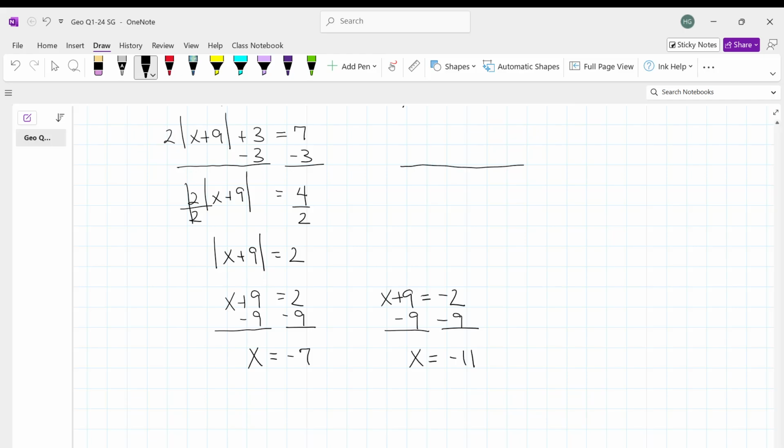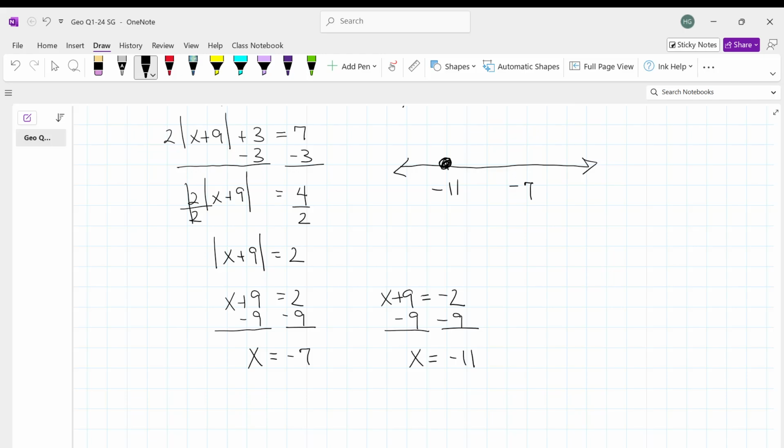And then just graph both your solutions. All right, any questions?